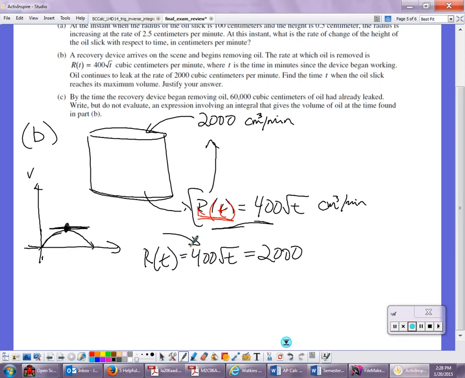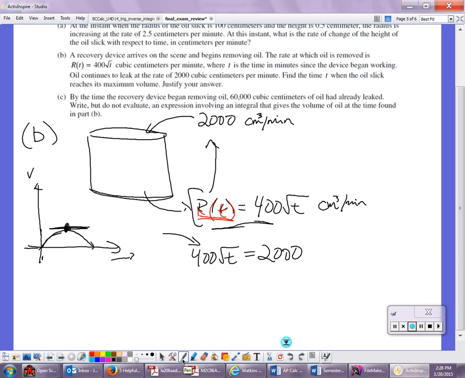This is an increasing function. R of T is increasing for all positive T. So at that point, the amount of oil coming out will be greater than the amount going in. So the total volume of oil will be declining, and we'll have reached the maximum.